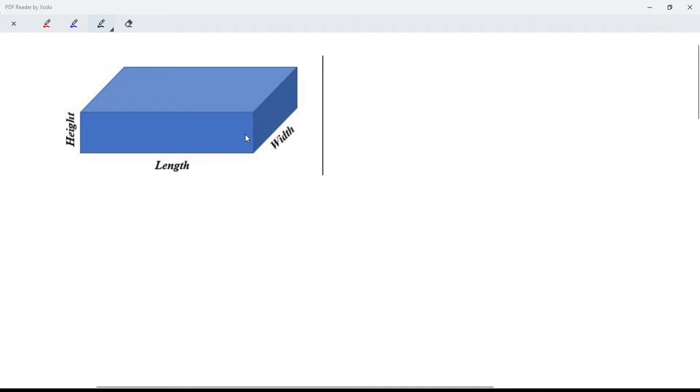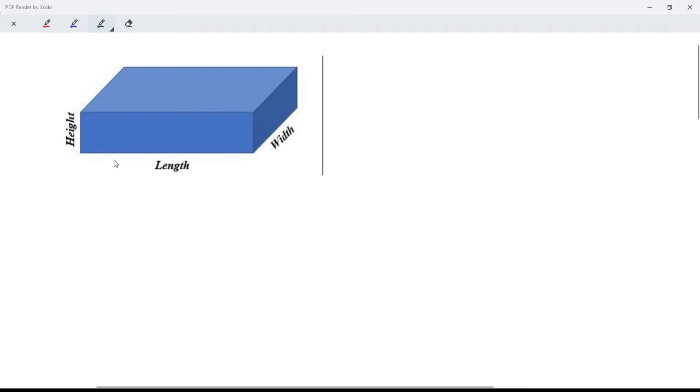You could think about it as how much space it takes up. You could also think about if you were to fill it up with water, how much water would fit in something. So that's another way to think about volume.